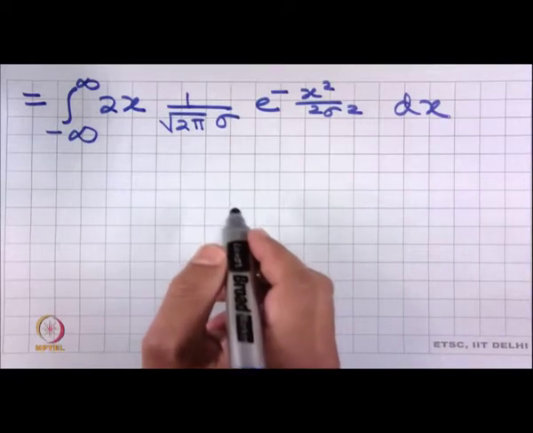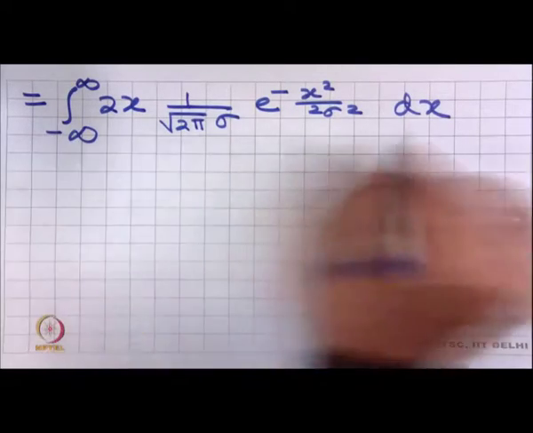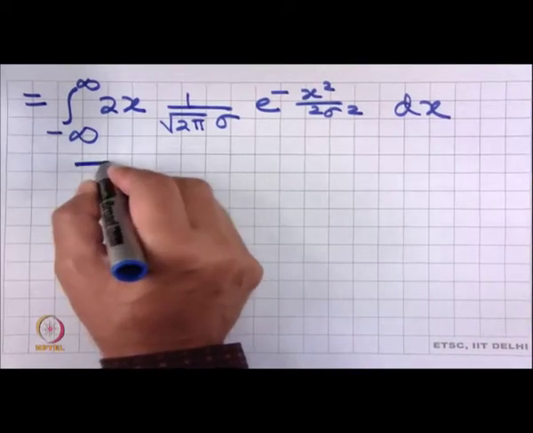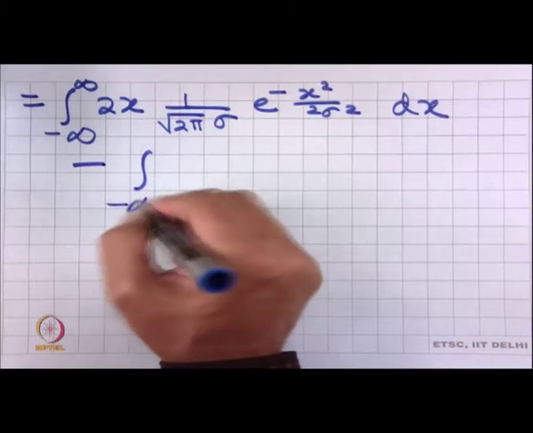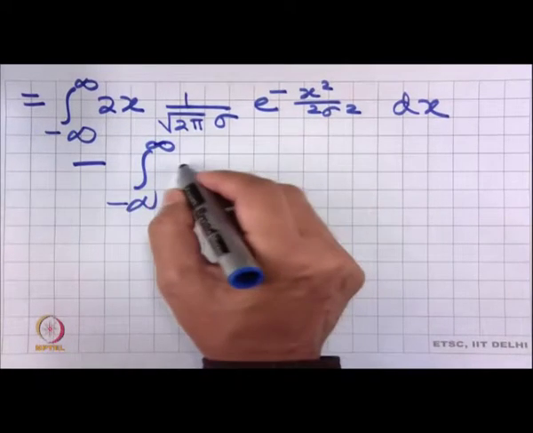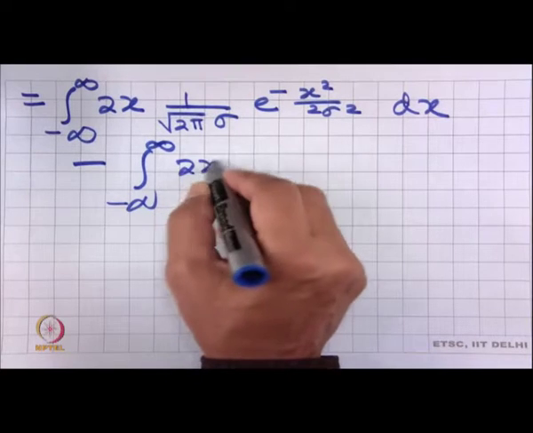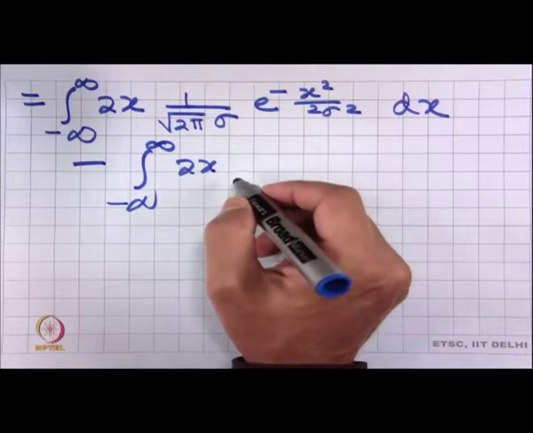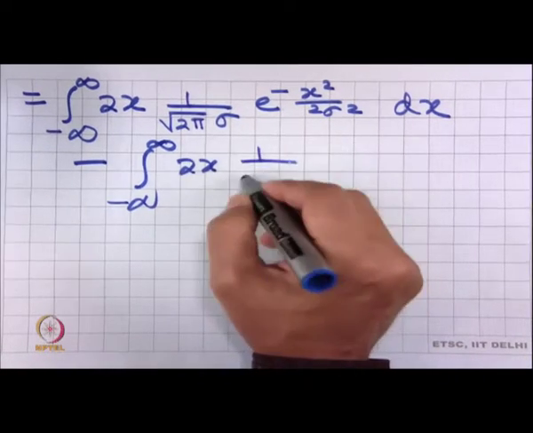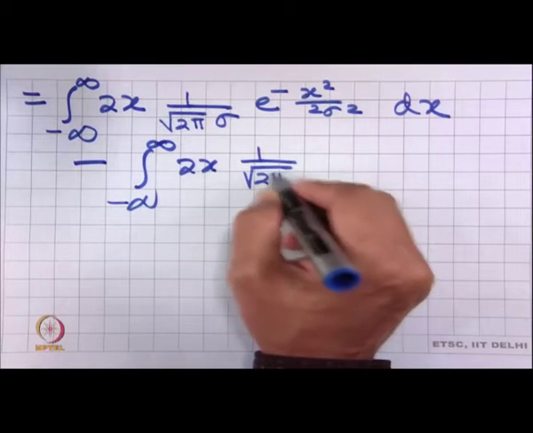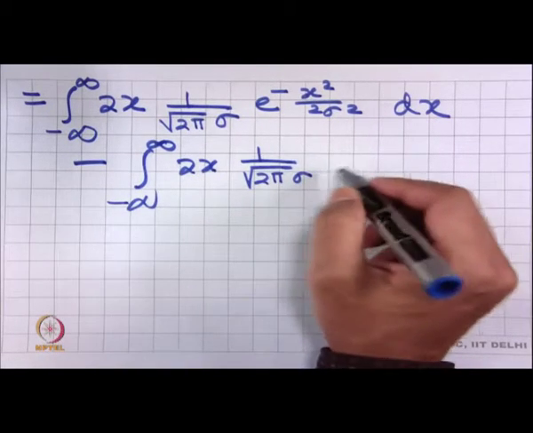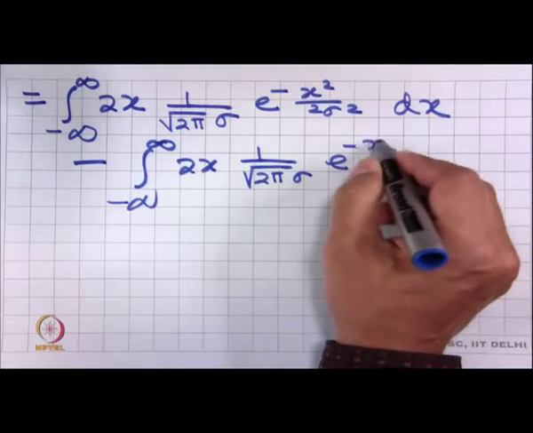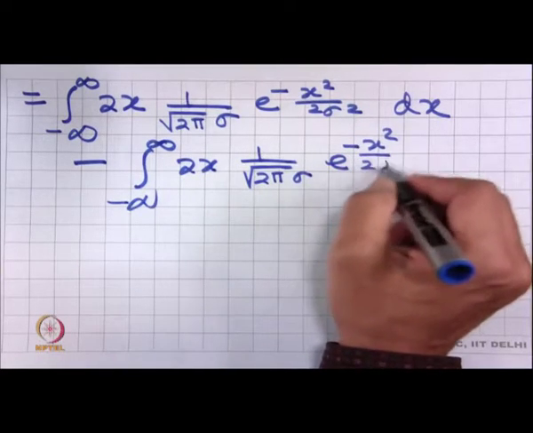I have taken out the 1 and this gives this minus integration minus infinity to infinity 2x into 1 over root over 2 pi sigma e to the power minus x square upon 2 sigma square.